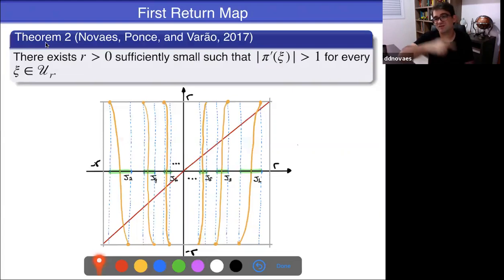Here we do not have an actually continuous oscillation because the domain of our first return map is not connected, but we have these sort of defined regions where the function is always decreasing. So you also have this type of oscillating phenomena here. And for the other side, you have an increasing branch.